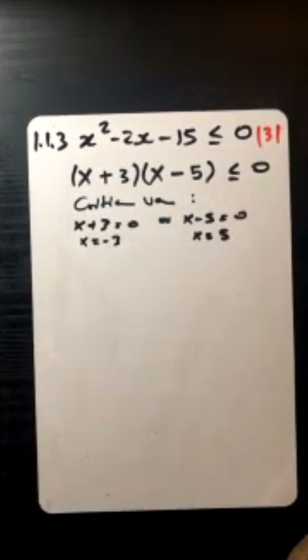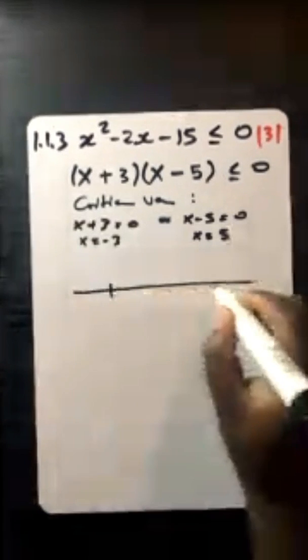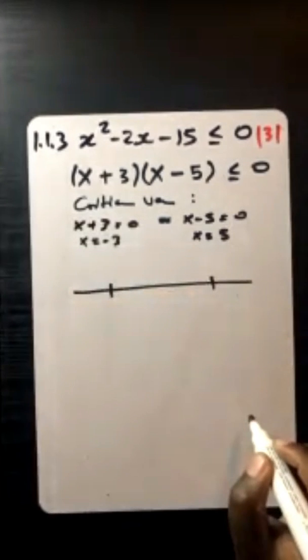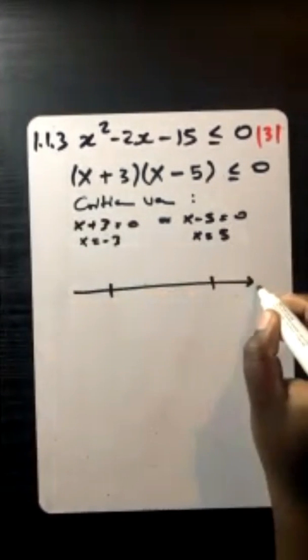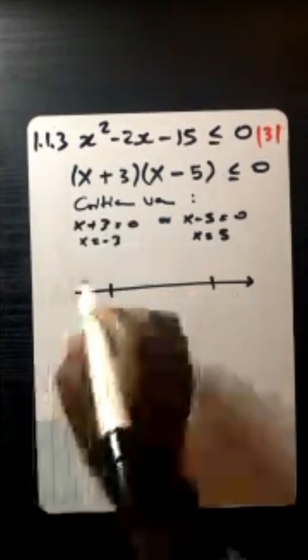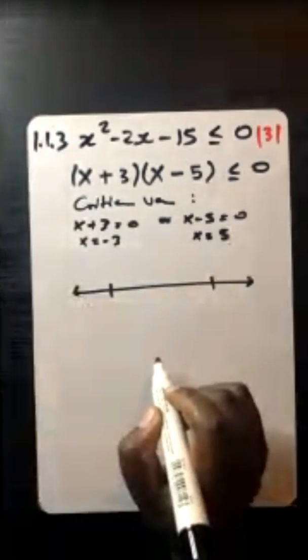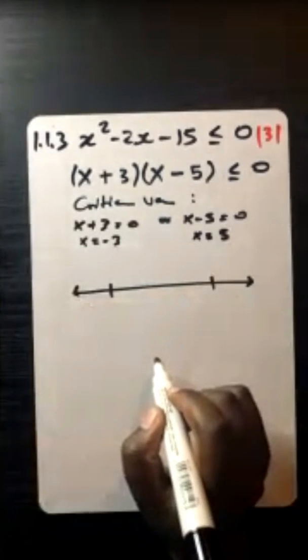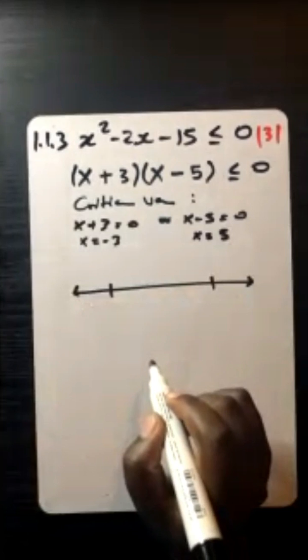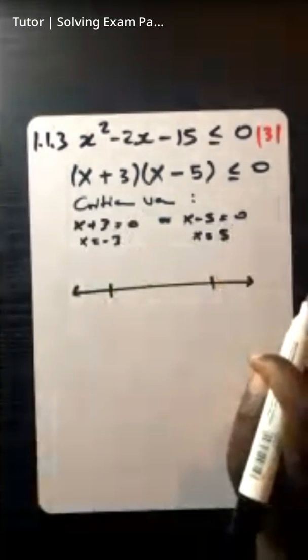So ladies and gentlemen, why did you have to find the critical values? It's because you wanted to represent them on a number line. Remember, this is that x axis. Okay, so let's represent our critical values on a number line. Between negative 3 and 5, which one comes first on the number line?